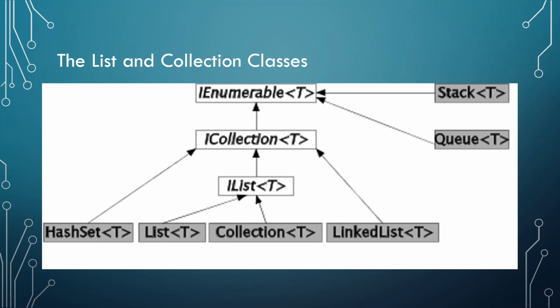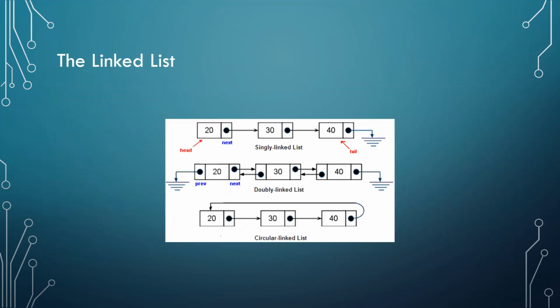The linked list, instead of being a block of memory all in one big chunk, is individual pieces that are linked together. So we have a singly linked list with the head and the next pointer. Essentially, a pointer leads to the next element, next element, next element.